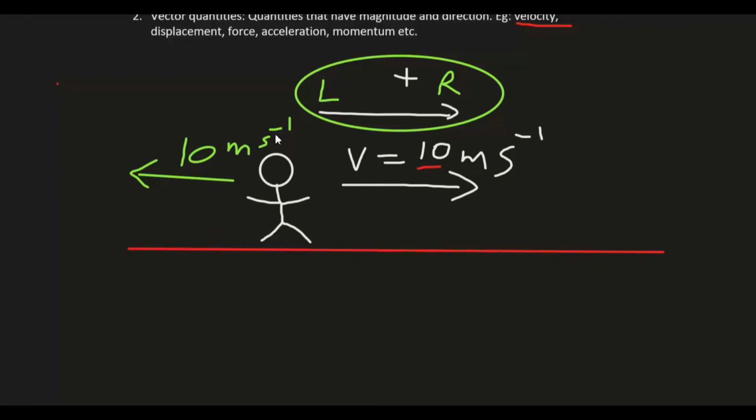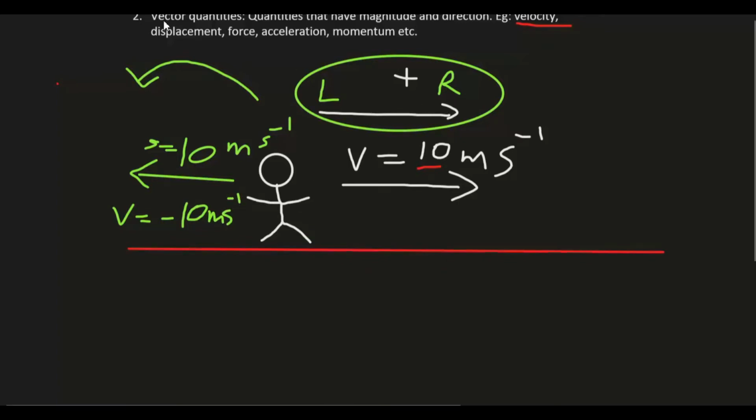So here, when he is moving from right to left, I can say that his speed is 10 meter per second, but his velocity is minus 10 meter per second. What do I mean by minus 10 meter per second? Well, if this direction left to right is positive, then definitely right to left is negative, right? If I say right to left, it should be negative.